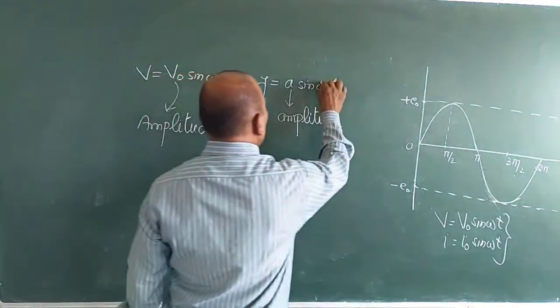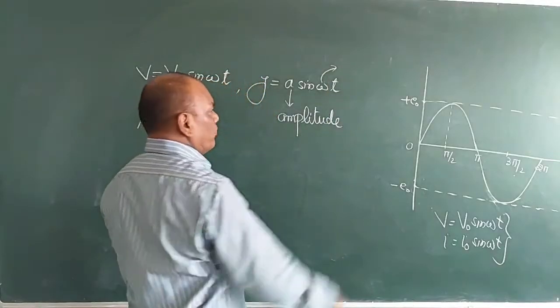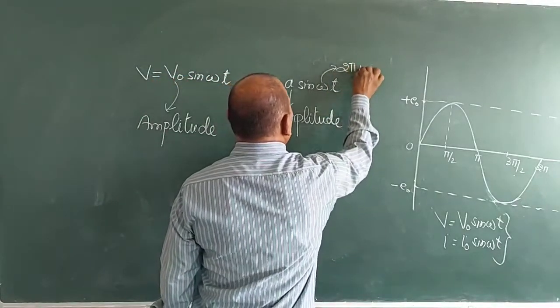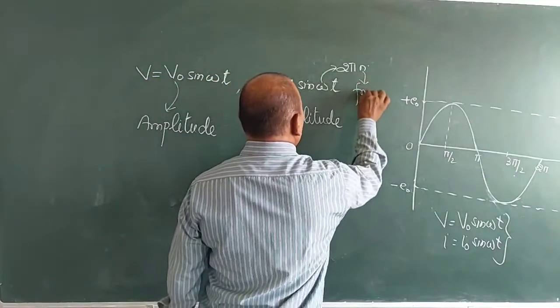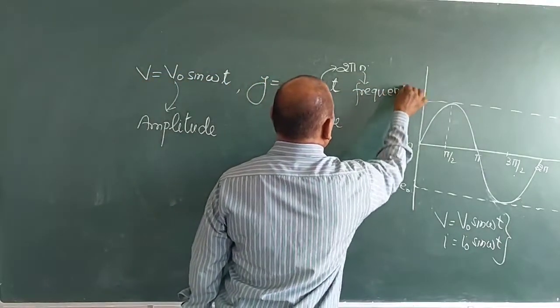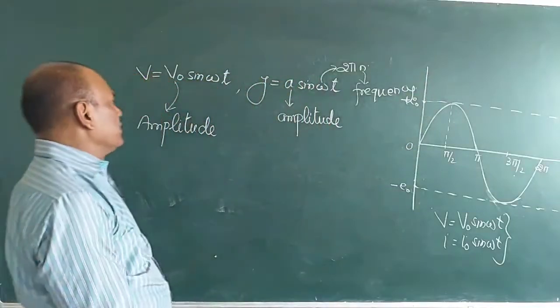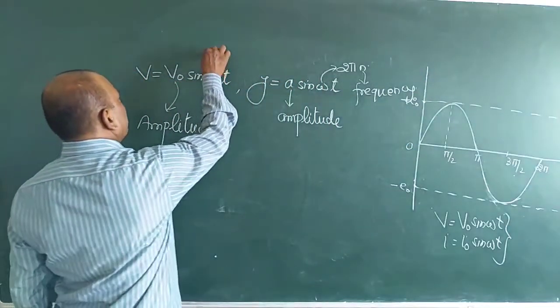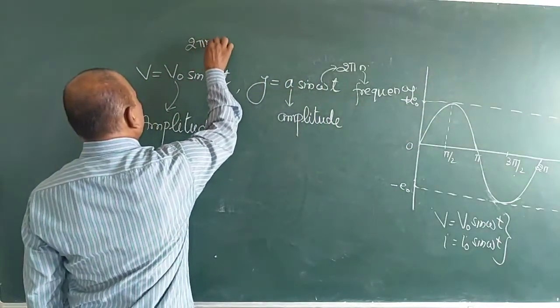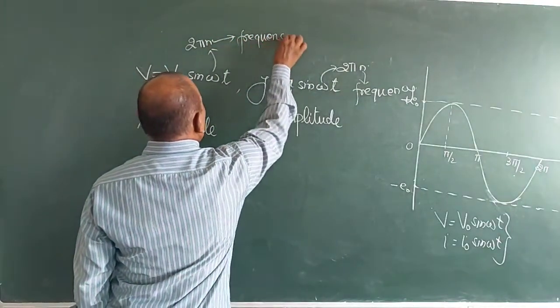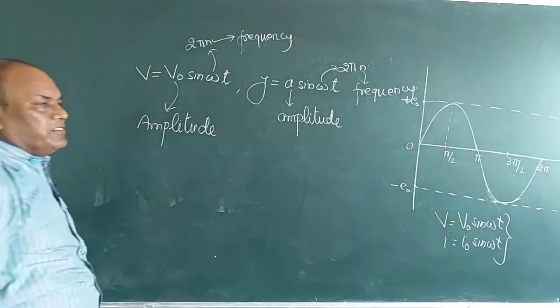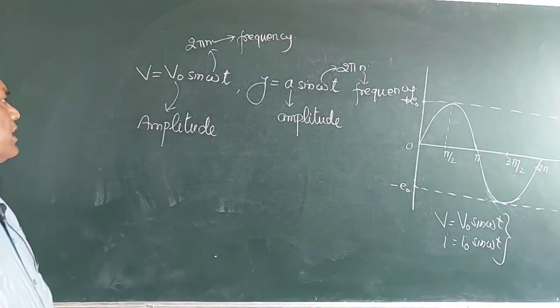And this omega is known as 2 pi n, and here n is called frequency. So omega here is 2 pi n, and n is the frequency of the alternating voltage.